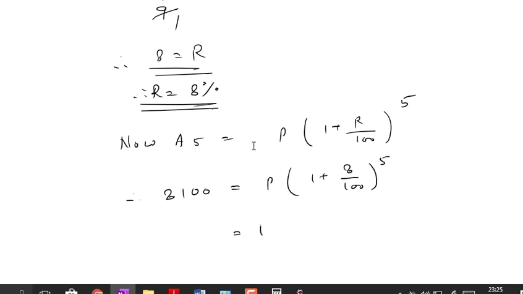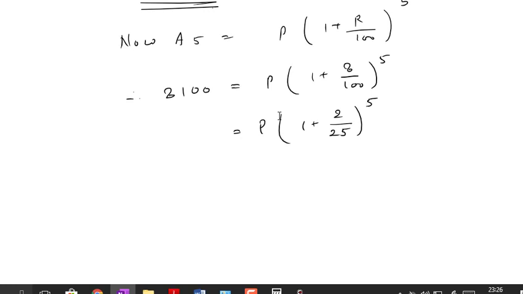This is P into 1 plus. Now with 4 I can divide 4 to the 8 and 4 to the 8 to 24 5 the whole power 5. So therefore we have 8100 is equal to P into, this is 25 plus 2 is 27, 27 upon 25 the whole power 5.